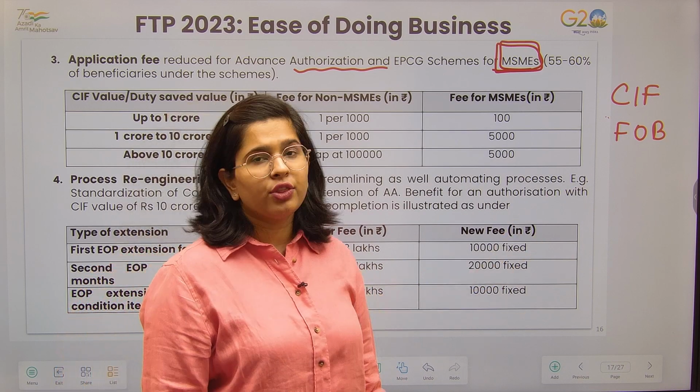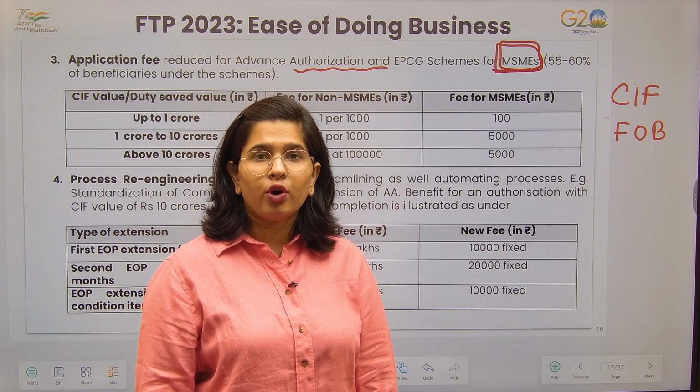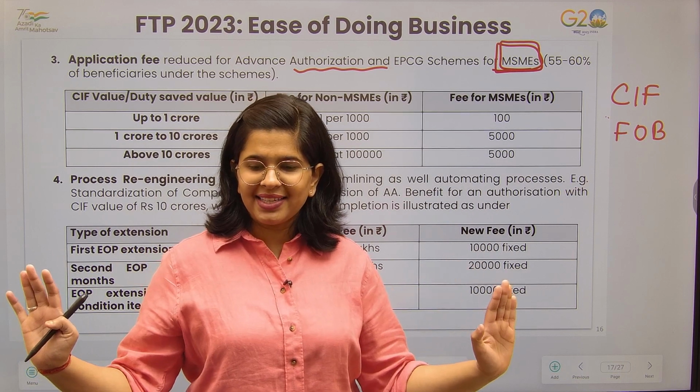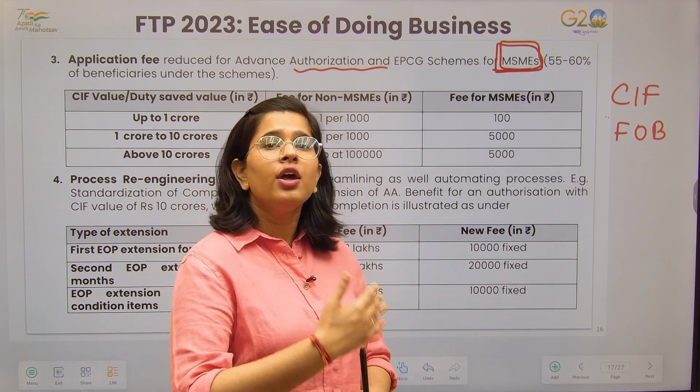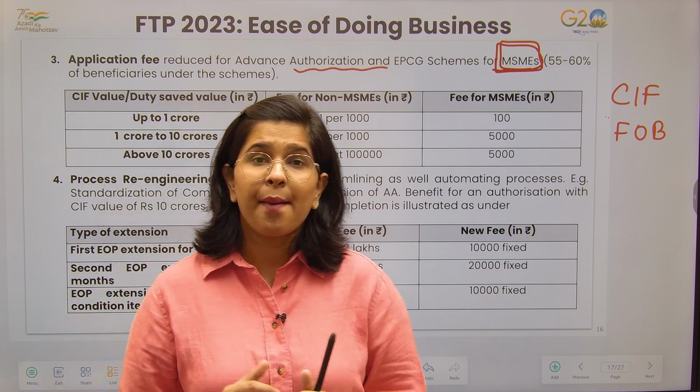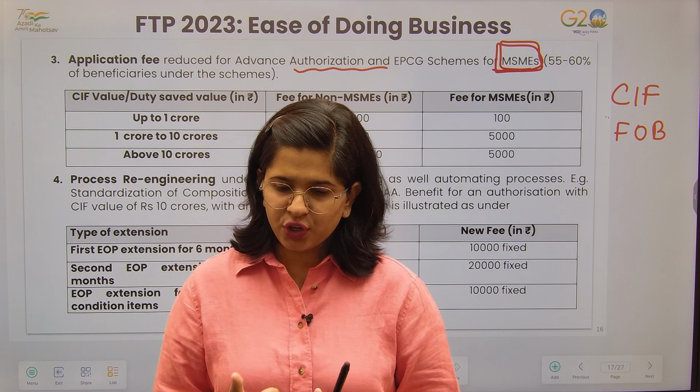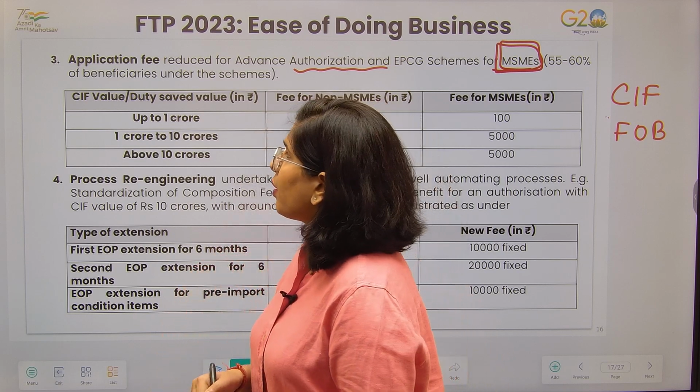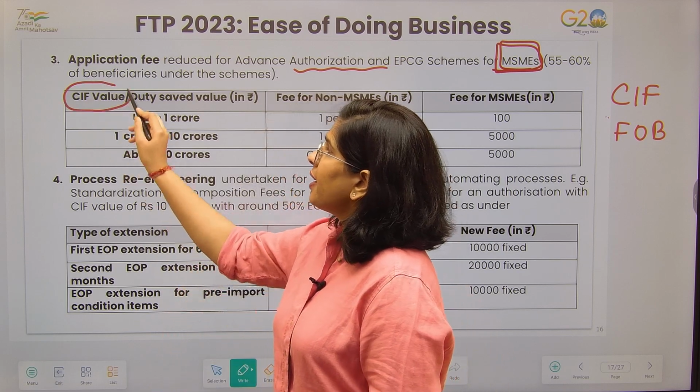And what is FOB? Free on board. Free on board means the seller's responsibility has ended. From here on, whatever insurance and freight related obligations there are rest with the buyer, and there is no obligation on the seller. So what are we counting here? We are counting CIF value.